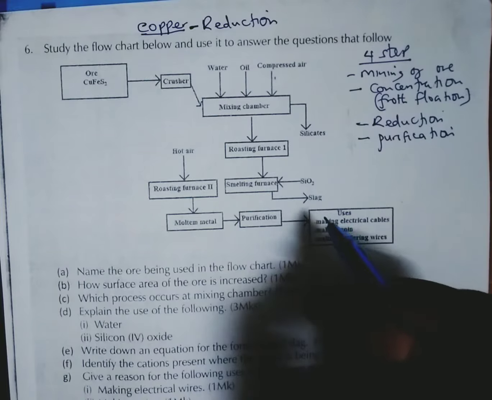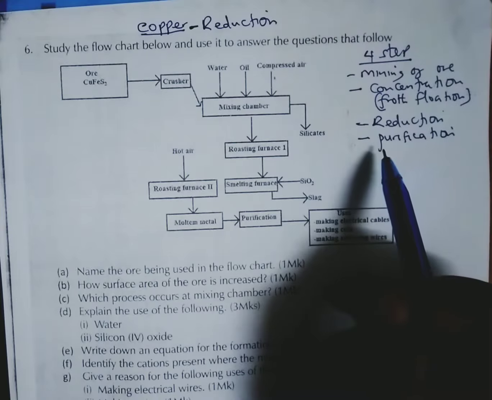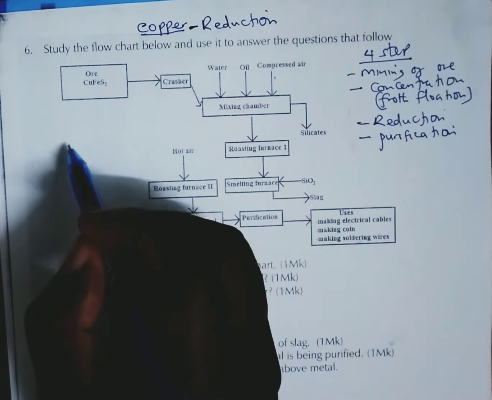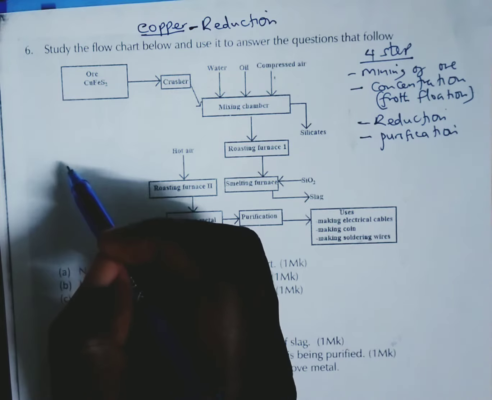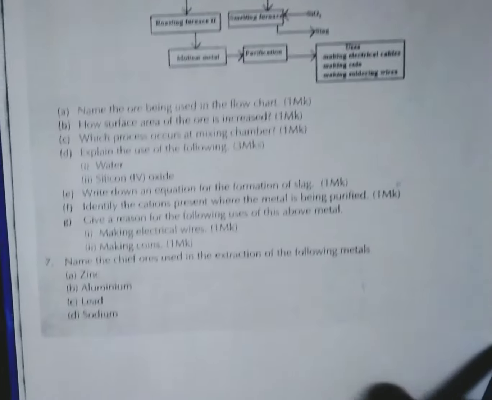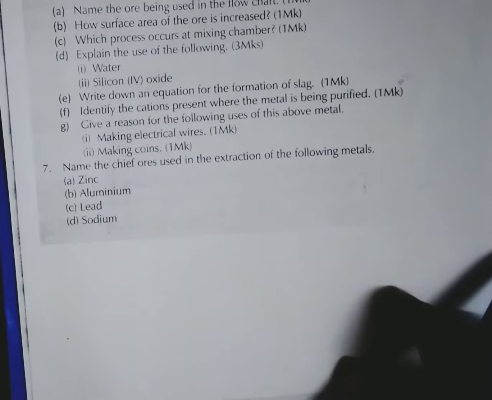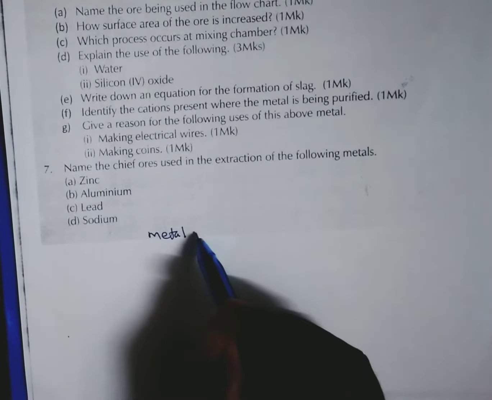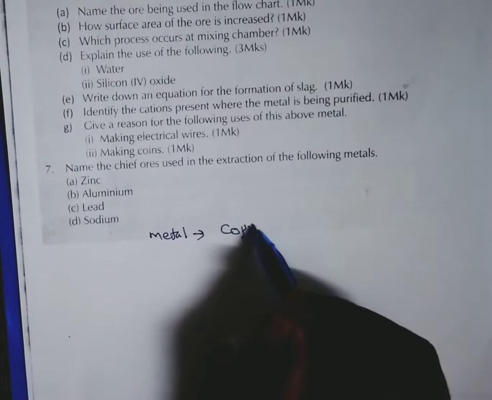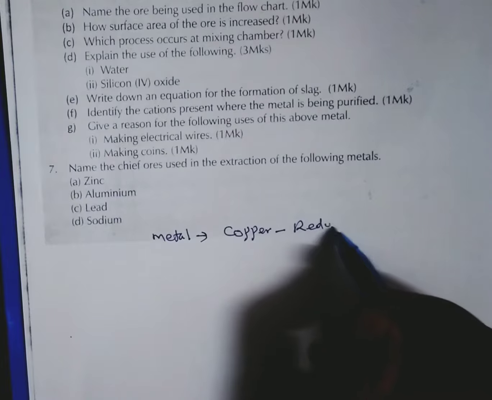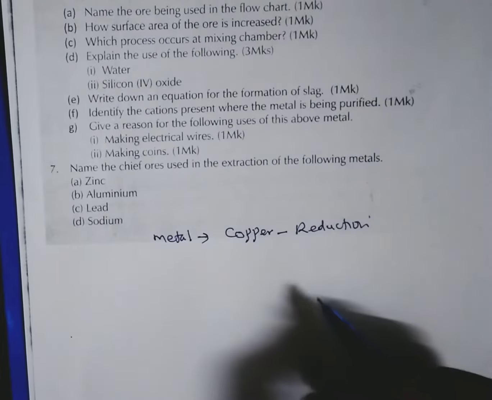In this case now, before we look at the whole process in this particular flowchart, we are going to start by looking at the chief ore for the extraction of this particular metal, which is copper. So we are going to begin with the metal itself, and the metal here we are going to extract is copper, and the copper is extracted using reduction, since it is a metal which lies in the middle of the reactive series.